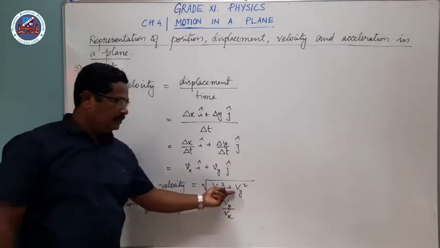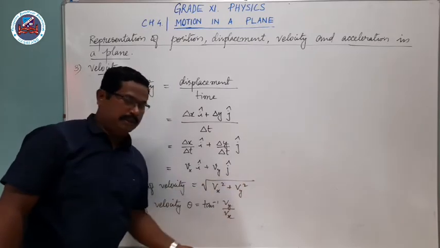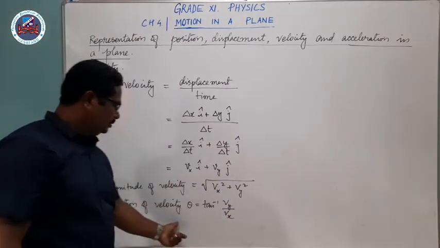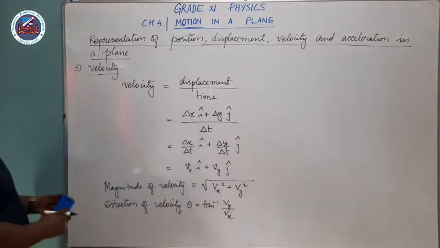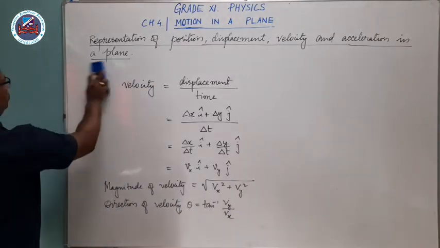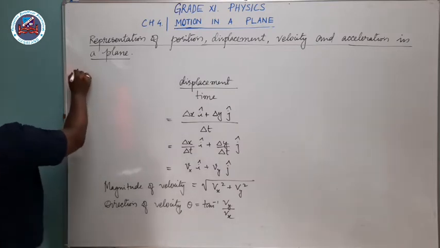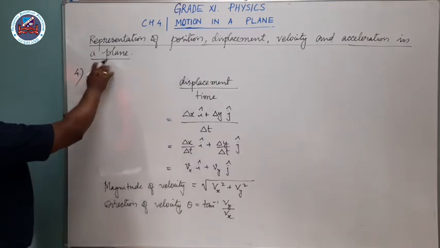If you take three coordinates, then vz square also will come, and the direction of velocity you get from this expression for theta. Likewise, you can represent acceleration as well. The fourth one, acceleration in a plane.